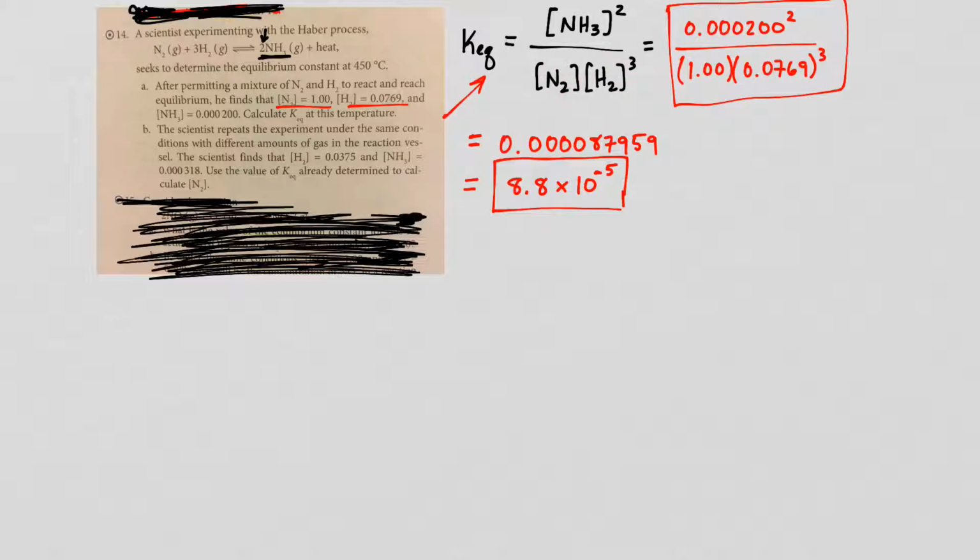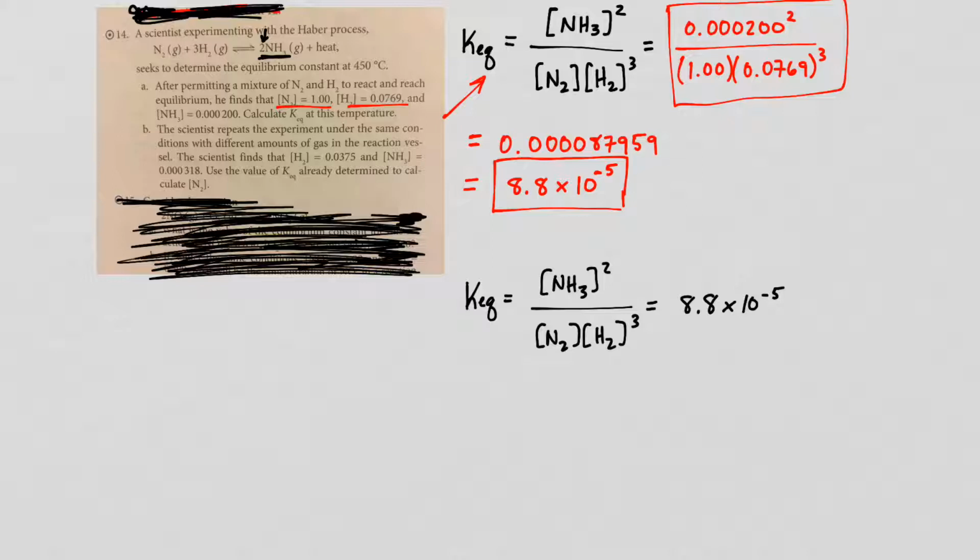Right, so let's do that. Again, KEQ is equal to NH3 squared divided by nitrogen, hydrogen cubed, and that equals 8.8 times 10 to the negative 5. Let's remember that.